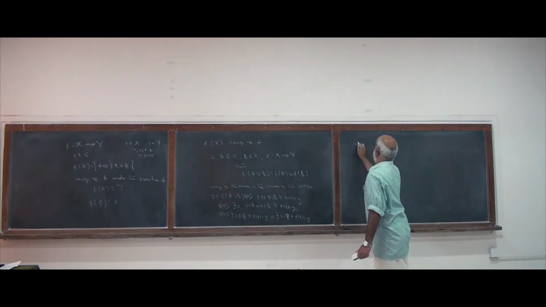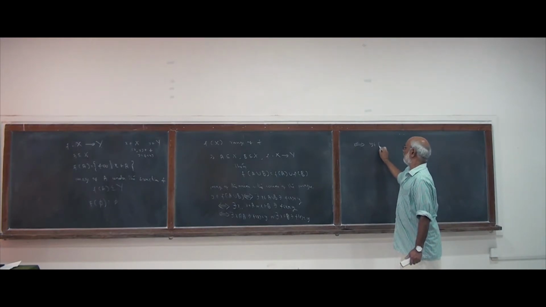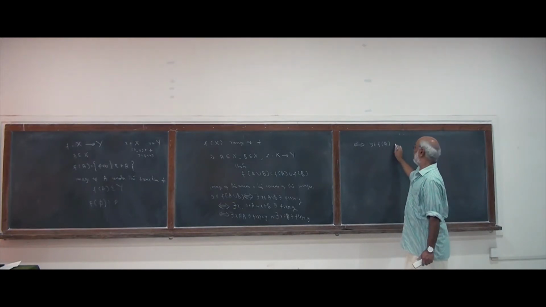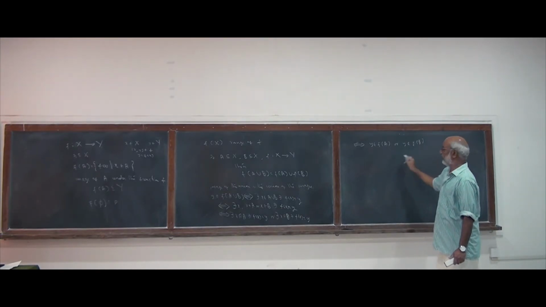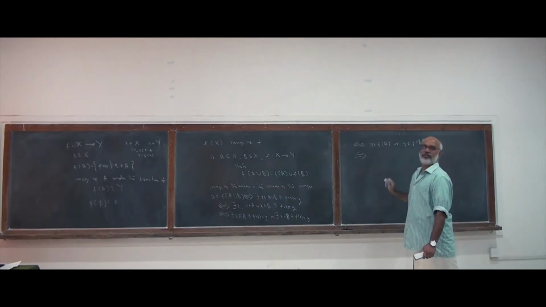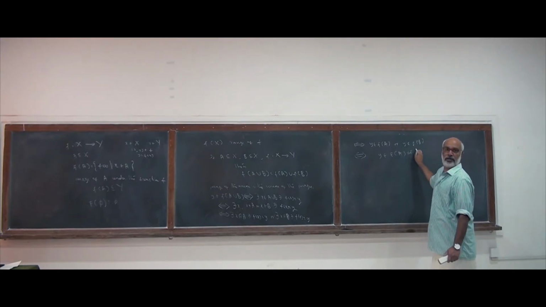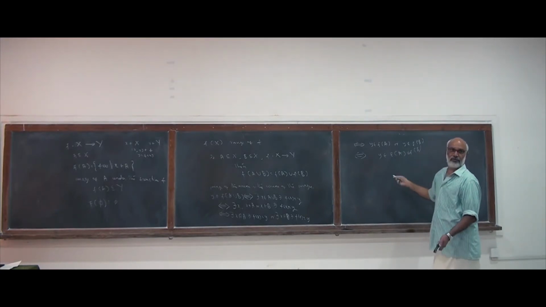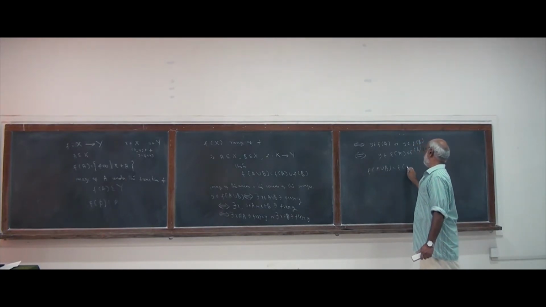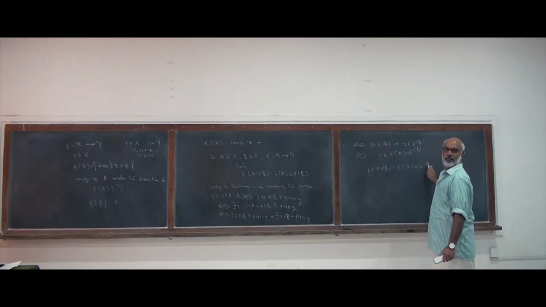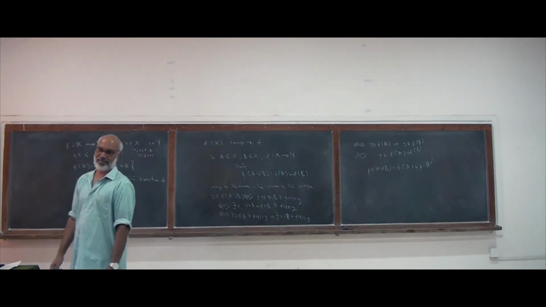The first thing will happen if and only if y is an element of f of A, and the second thing will happen if y is an element of f of B, and this is logically equal to y element of f of A union f of B. So what we proved is that f of A union B is equal to f of A union f of B. So the image of a union is the union of the images.